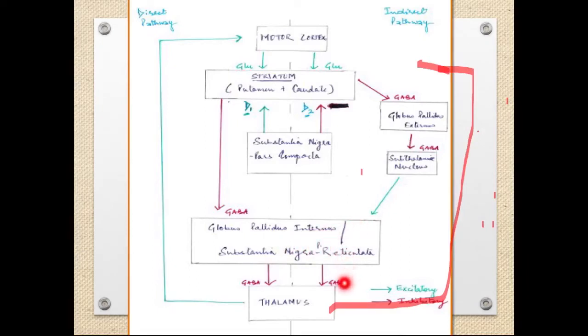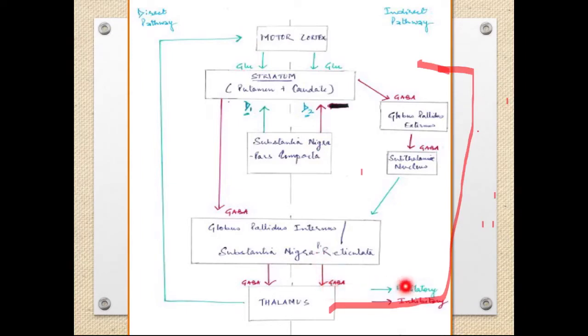They are GABAergic, means more and more stimulation of the neurons of the globus pallidus internus, more and more release of the inhibitory neurotransmitter GABA. So more inhibition of the thalamus, then less excitation of the motor cortex. That less excitation of the motor cortex, we took it as inhibitory, means there is less excitation.